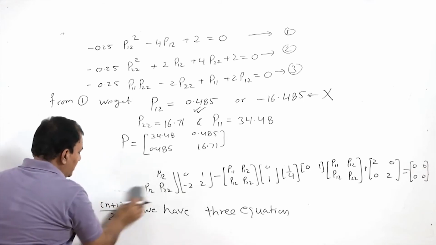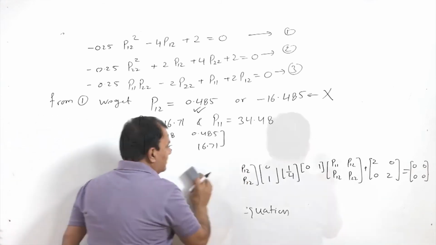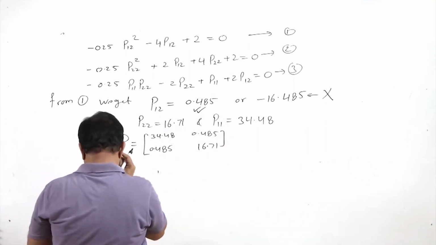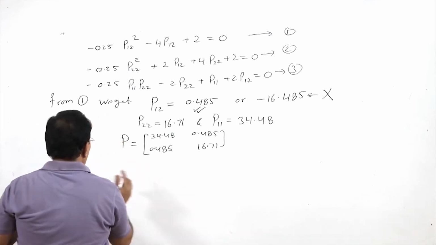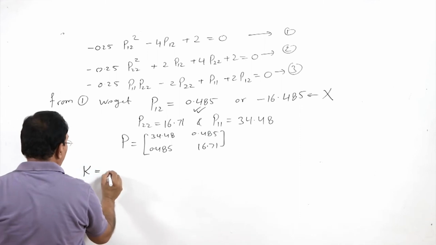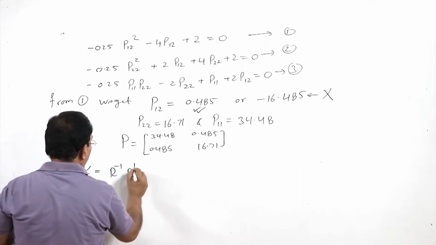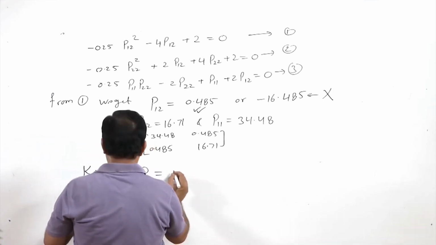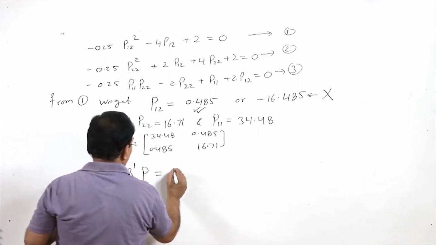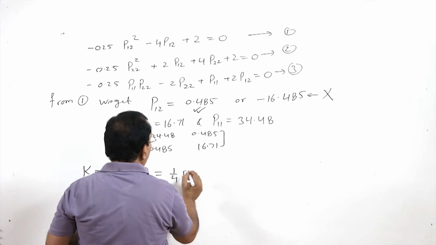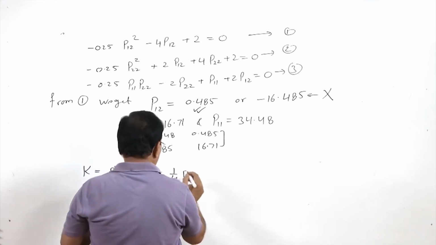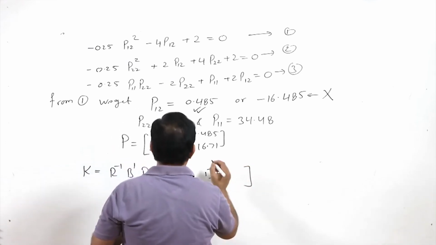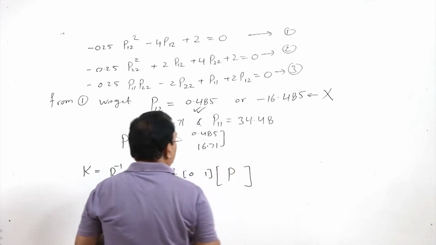So, once the P is known, I can find out what actually will be my U. To find the U, we can write down the K as R inverse B prime P. R inverse is basically 1 by 4, B prime is 0, 1, and P we already found.